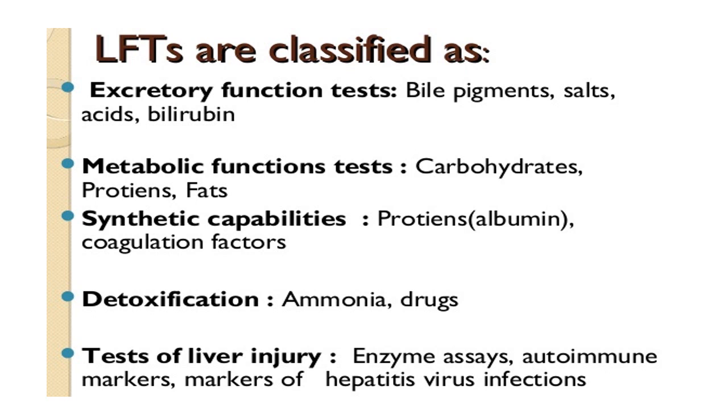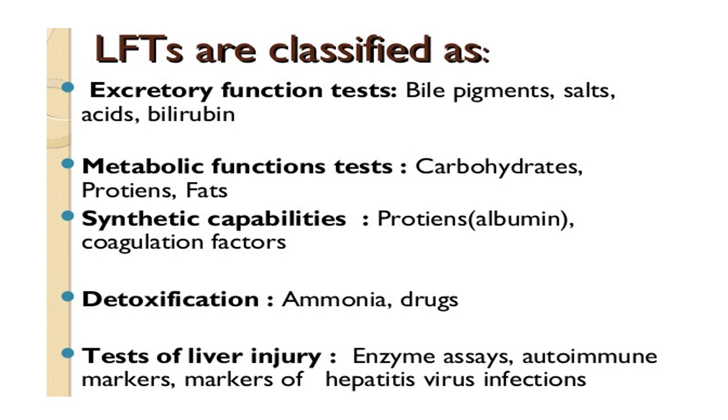Number one is albumin, the protein, and also some other coagulation factors. These are some of the synthetic functions of liver. So we have to check its capabilities. Detoxification, we are trying to remove things which are toxic to our body. So that takes place as detoxification, ammonia or drugs.